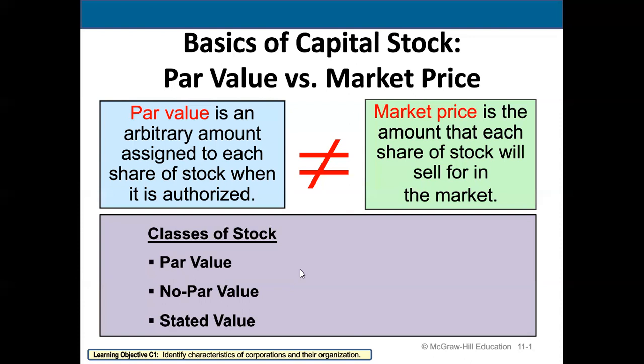It is just a value that is assigned to stock when it is created, when the company is actually created. It has no real relevance or bearing on the actual value of the stock. It's just this arbitrary number that's made up on the corporate charter. And again, I'll show you some examples of it here that might help.